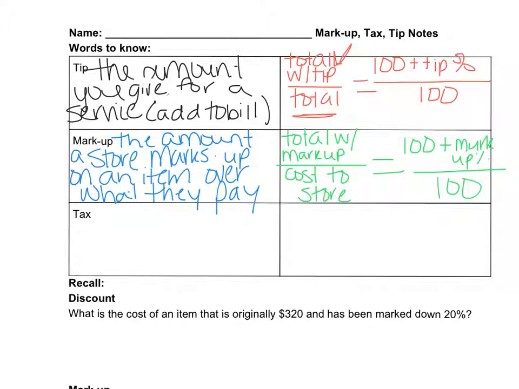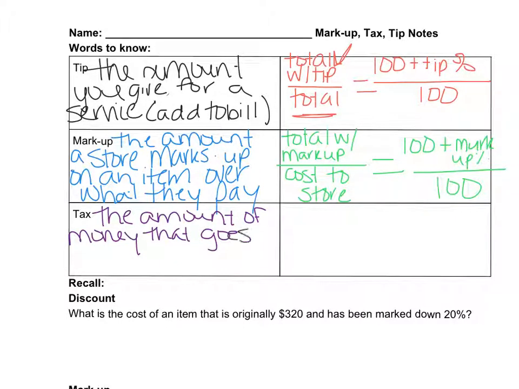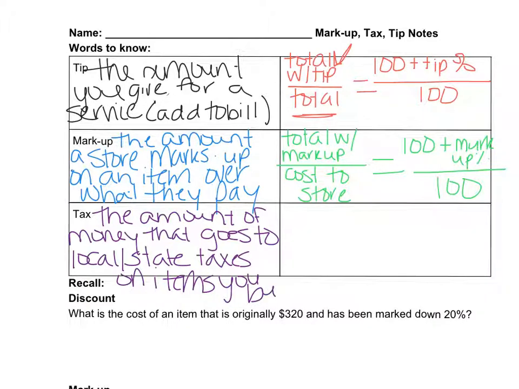So tax is the amount of money that goes to local or state taxes on items you buy. That's kind of a long definition. I'm sure you were able to fit it in yours though.